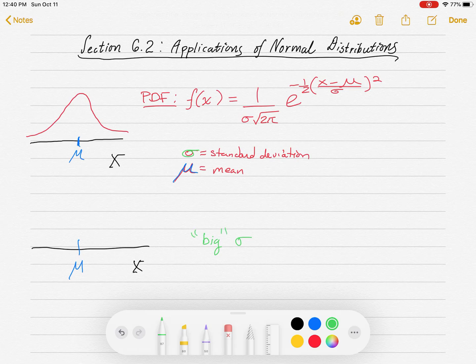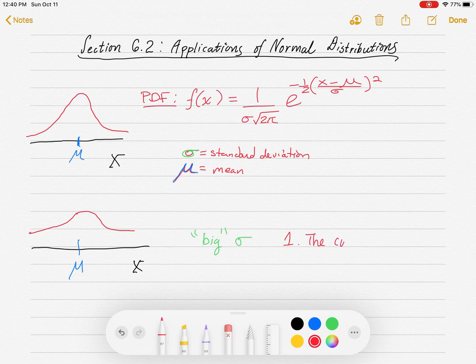But I make the standard deviation really big. So what happens when the standard deviation is big? What that does, that kind of flattens out your curve. So rather than having a really tall curve, it's going to make your curve a little flatter. It's going to have fat tails.